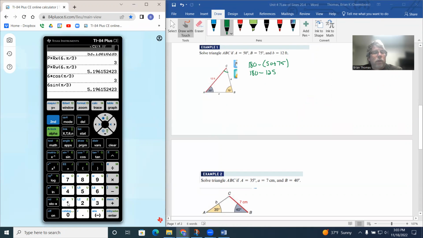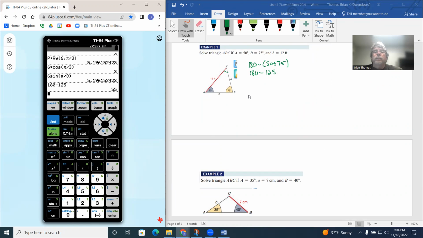Okay. So 180 take away 125 is going to give us 55 degrees.